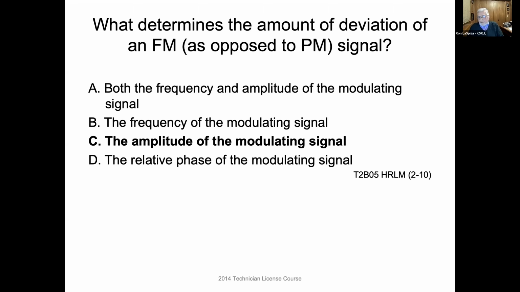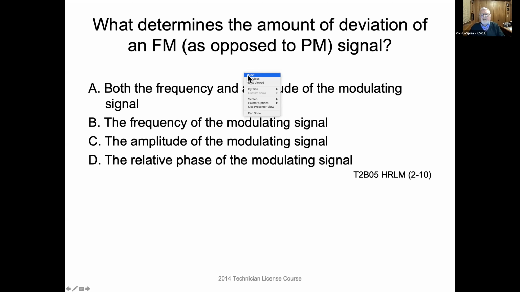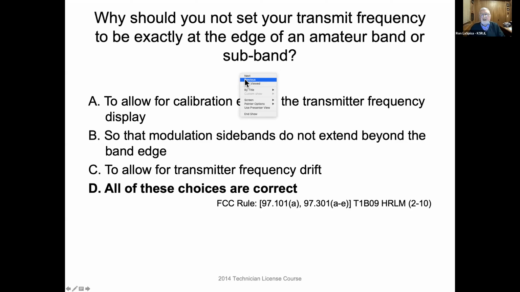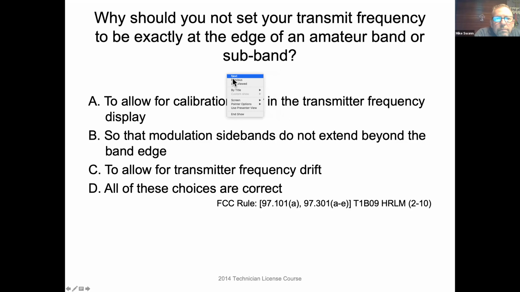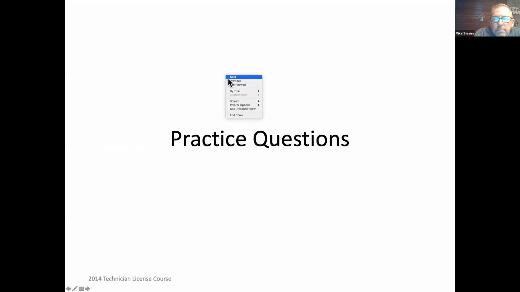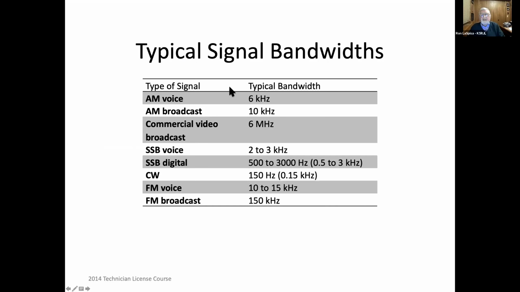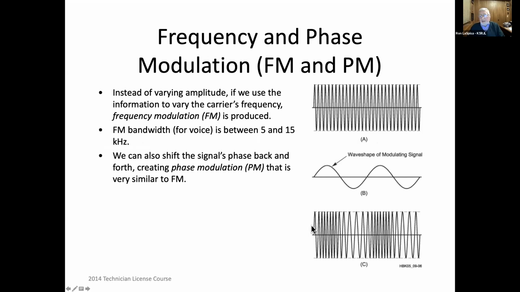In the FM signal. Let's go back. Let me see if I can go back. This is a hard one. It's one of the harder questions on the tech license. We're going to go all the way back to here. Okay, here's the lady's pure tone that she's singing.